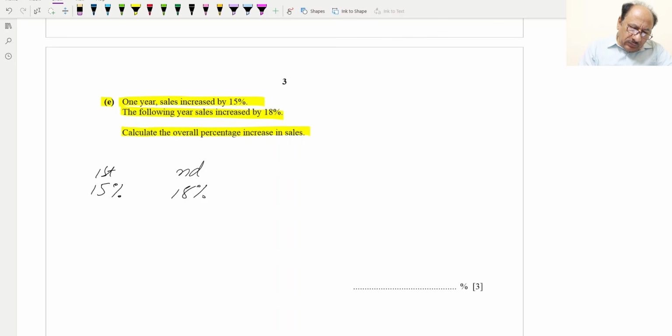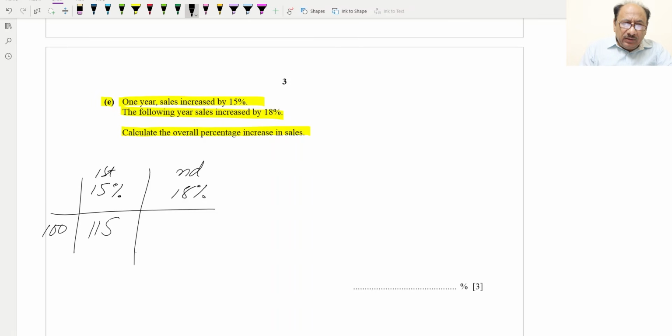If the original is 100, after an increment of 15% this will become 115, and then the 18% will be an increment on 115. So we will calculate 18% of 115.